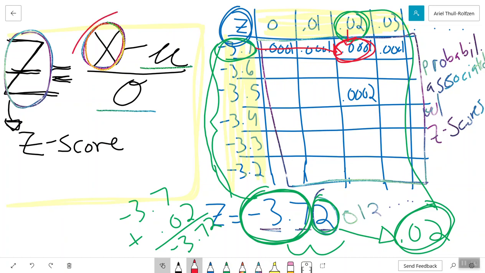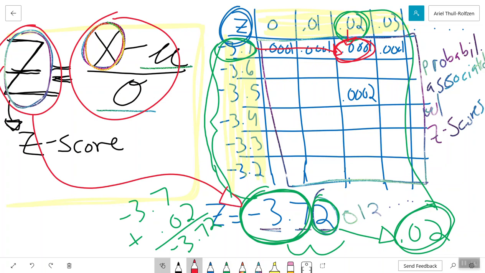If we were to solve this equation to get a z-score of negative 3.72, the probability that whatever we're solving for, say if we were doing a problem on how many men buy shoes from DSW shoes, and we solve for a z-score of negative 3.72, we have a probability of 0.0001.